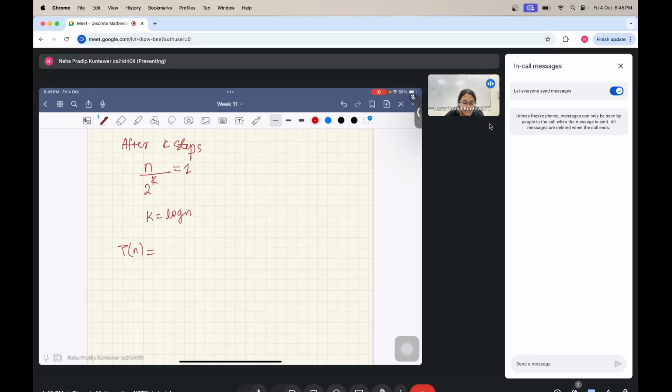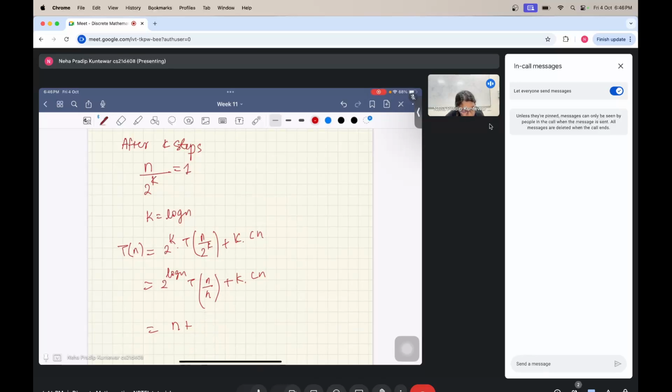T(n) will look like 2 to the k times T(n/2 to the k) plus k times Cn, and this is same as 2 to the log n times T(n/n) plus k times Cn, and this is nothing but n plus kCn. k was log n for us, right?